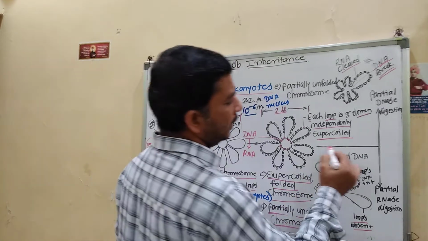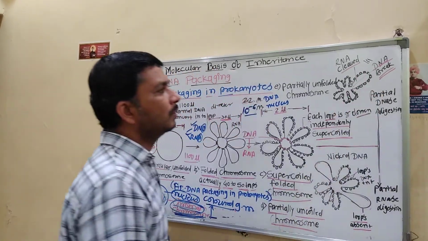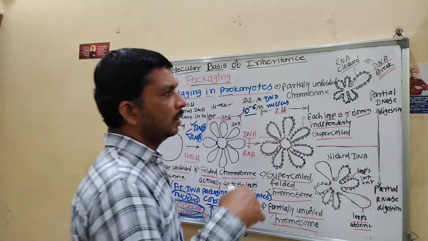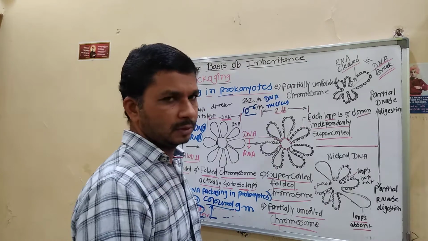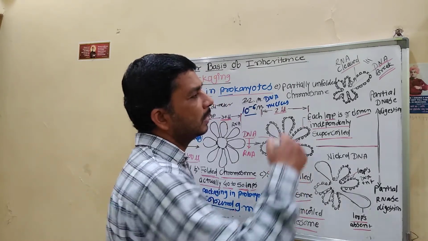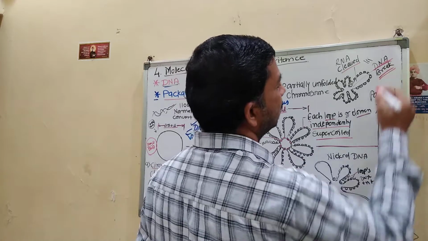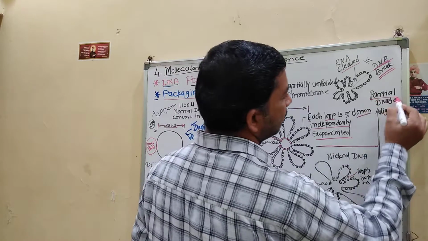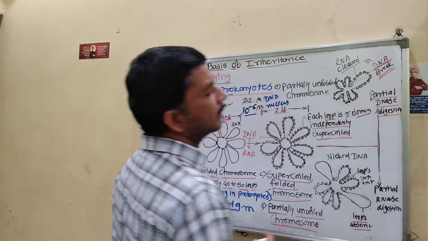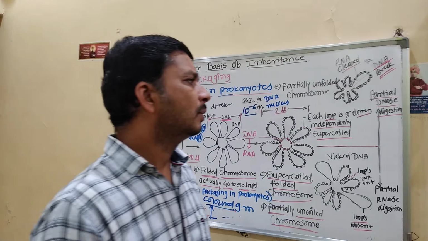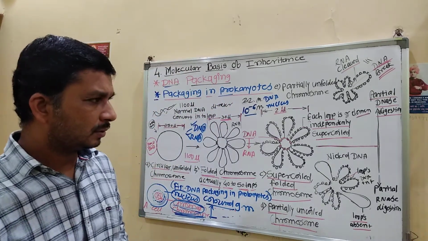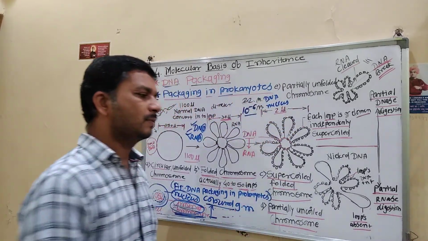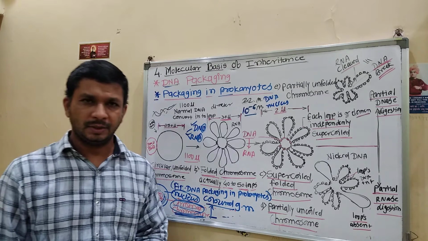Then this partial opening, this is a partially unfolding chromosome. They are RNA cleaved. We call it RNA cleaved, and that breaks the DNA. And after that, there is partial digestion, and here the partial RNAs are in the process of digestion.